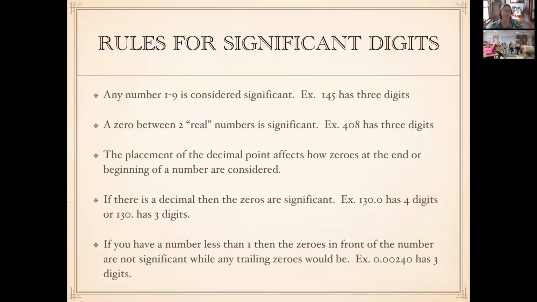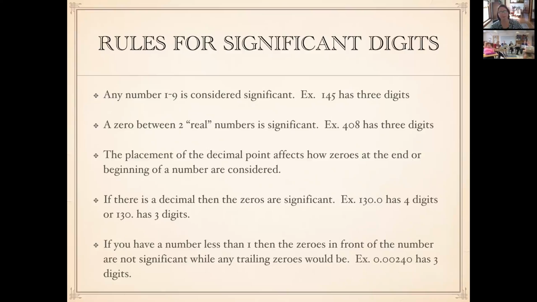The problem comes with decimal points. The placement of your decimal point will affect how the zeros at either the end or the beginning of a number are considered. And I never realized when we did decimals in elementary school that this is actually what decimals are used for. I had no idea. I understand now that that's a part of what decimals do, is they indicate certainty.